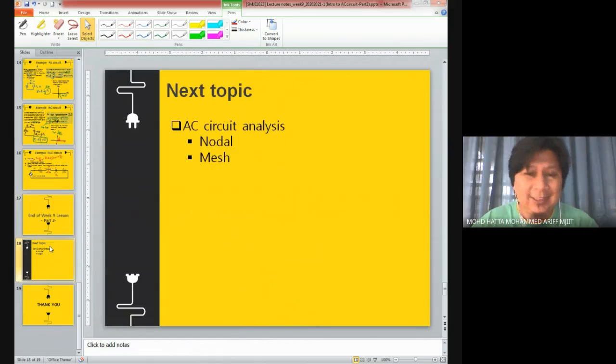Next topic is considered harder than what we've seen today, so make sure you do some revision on nodal and mesh, how nodal and mesh are calculated. In general, for nodal we try to set up Kirchhoff's current law at the nodes. For mesh we try to set up Kirchhoff's voltage law around the mesh. Okay, I think that's all for today.